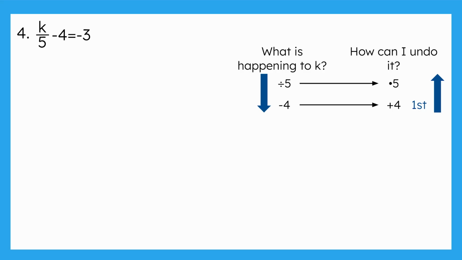If you were stuck or had your operations backward, now is a great time to pause and try again on your own. I'll start solving by adding 4 to both sides, giving me K over 5 equals 1. Next, I'll undo dividing by 5 by multiplying by 5 on both sides, giving our solution K equals 5.